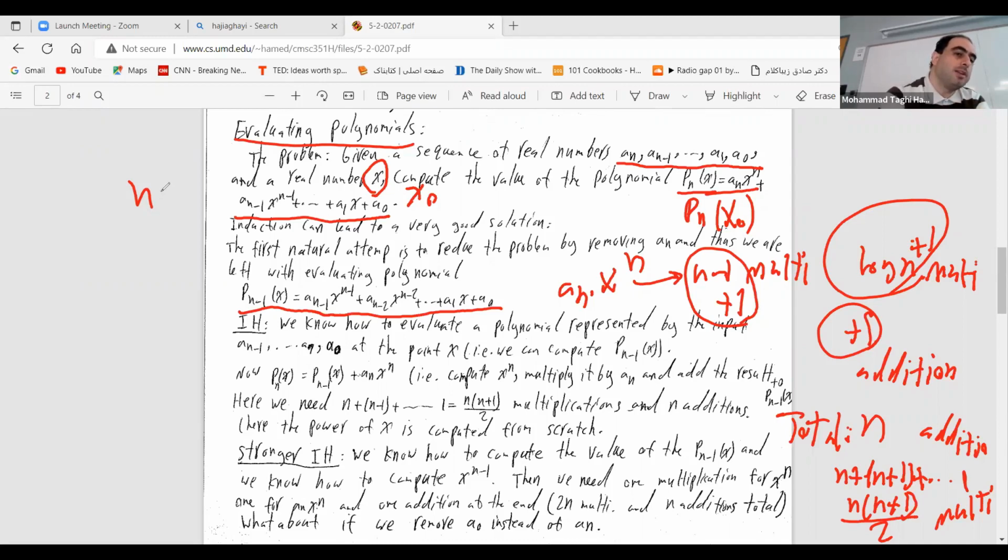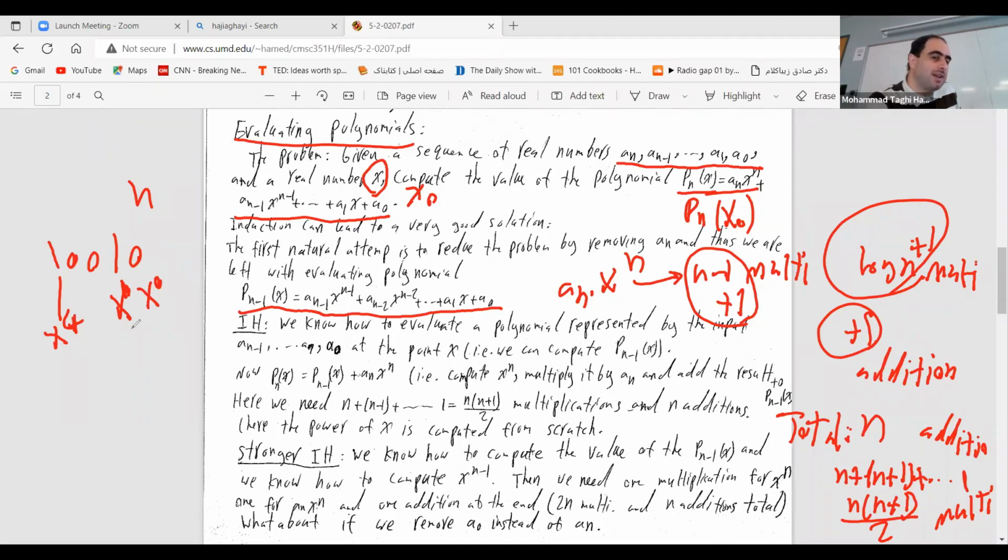If you write n as a binary number, for example 1 0 0 1 0 1, then you need to create x to the 0, x to the 1, x to the 2, x to the 3, and so on. So if you look at the binary representation of n, you just go through it and multiply only those powers.